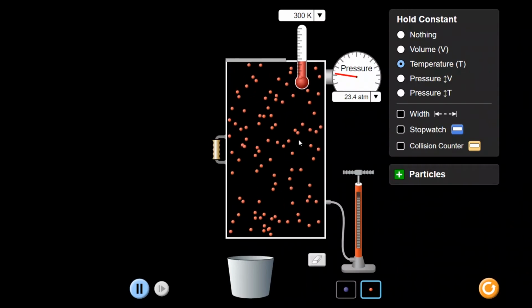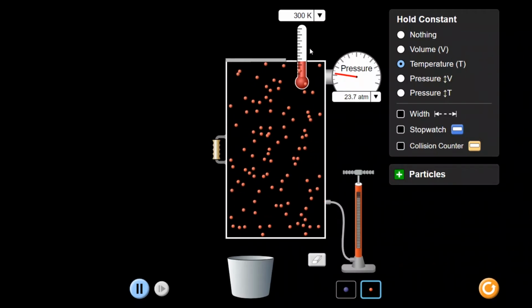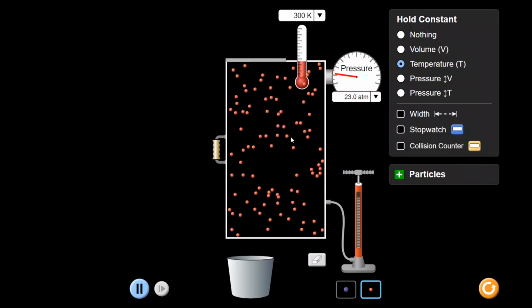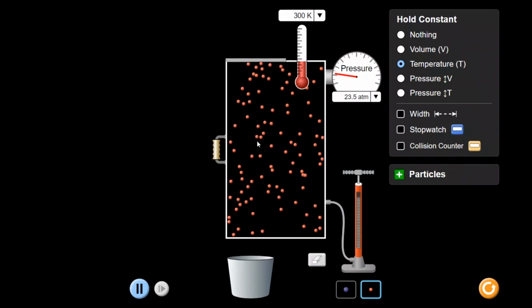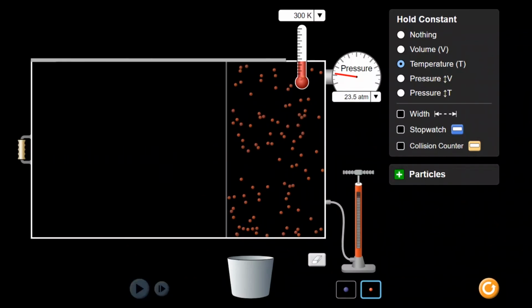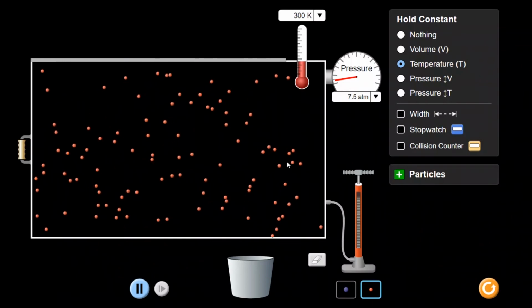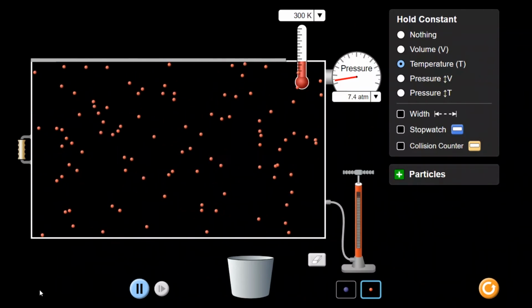It's more tightly packed, and so the particles are going to hit the container walls and each other a lot more frequently than they did previously, because there's less space. If we increase the volume, there's way more space, not nearly as cluttered or congested, and the pressure is a lot lower.